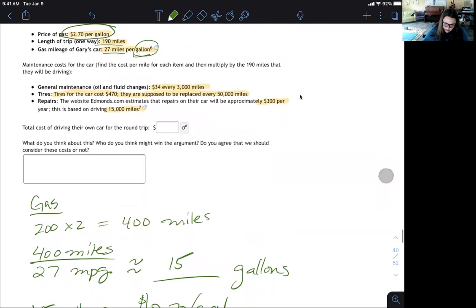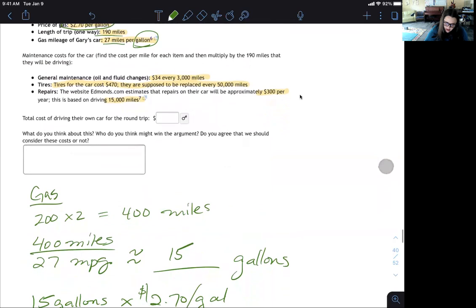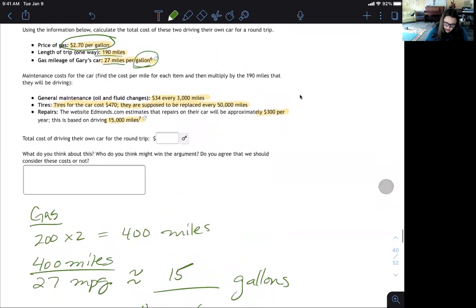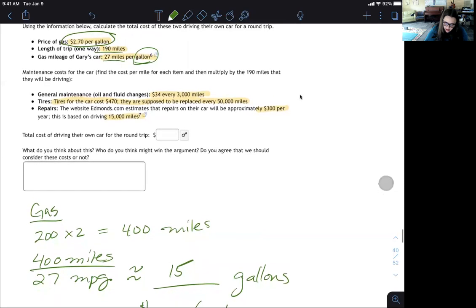What about the maintenance? If we go to the oil and fluid changes, I have $34 for 3,000 miles.